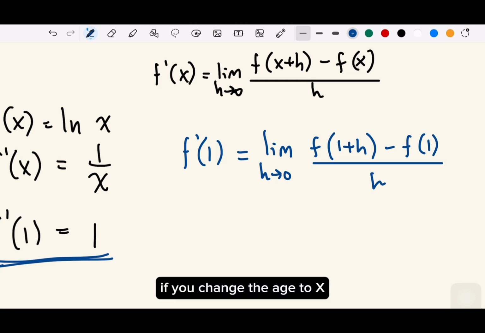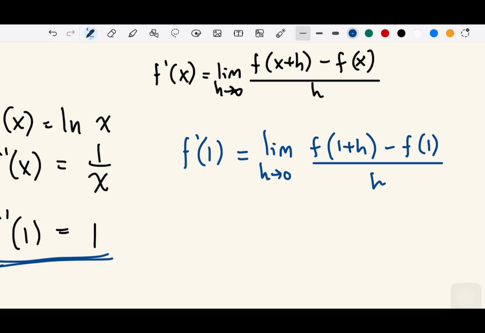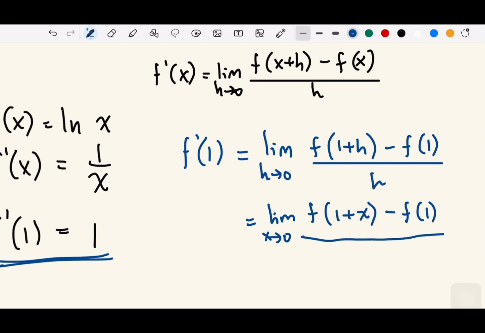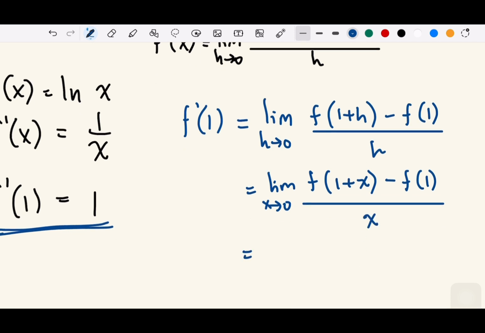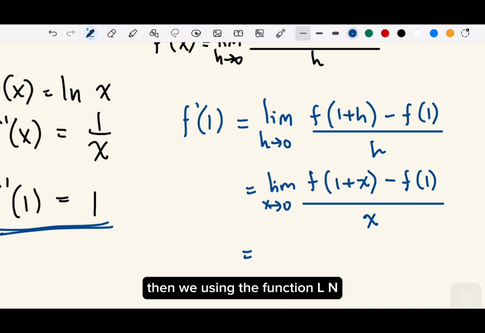Now if we change the h to x, divided by x. Okay, we change all h to x. Then we use the function ln.